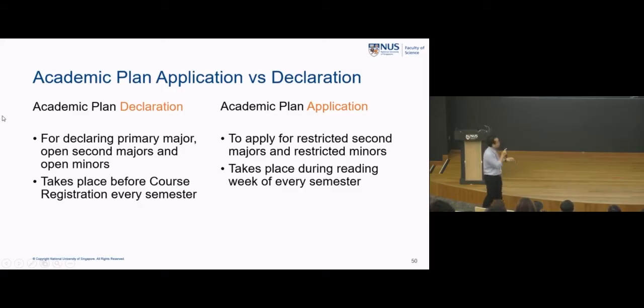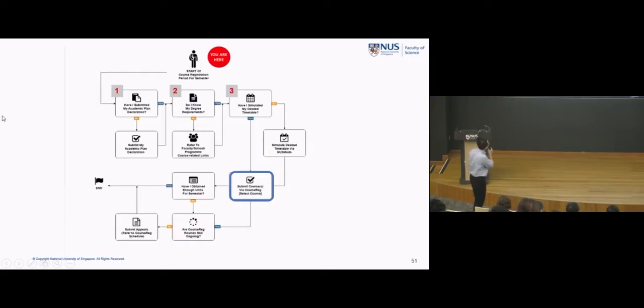So if you want to apply into a restricted minor like the forensic science minor, which is extremely popular, you make that application with whatever courses you have done previously and whatever courses you are doing now, and then the program directors will decide whether to accept you into that closed minor or not. So the APA process happens during the semester, whereas the APD process happens at the beginning, before the semester starts.